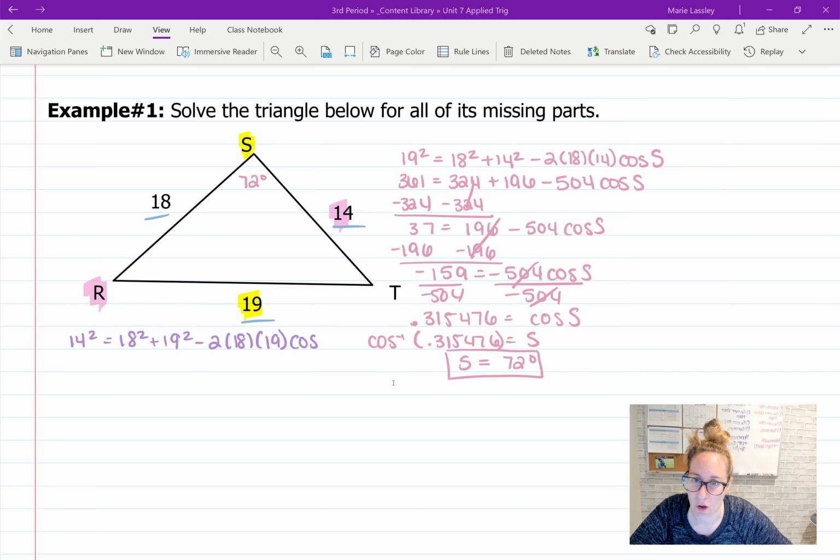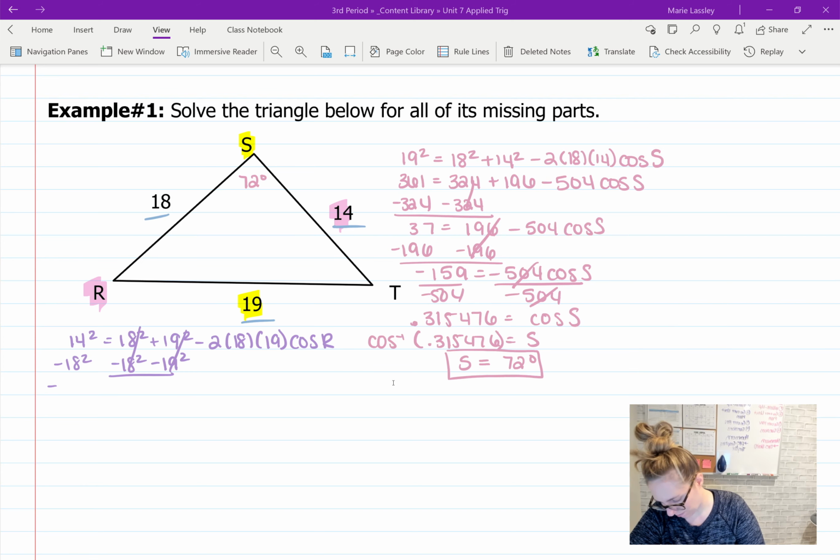I'm not going to write out all the numbers. I'm just going to use my calculator. I'm going to do 14 squared, subtracting 18 squared, and subtracting 19 squared, so we don't have to do them separately. It does make it go by a lot faster.